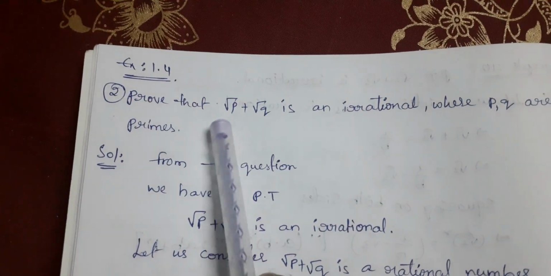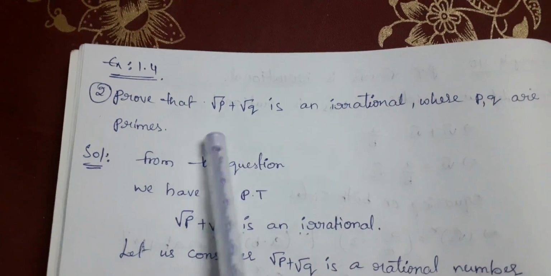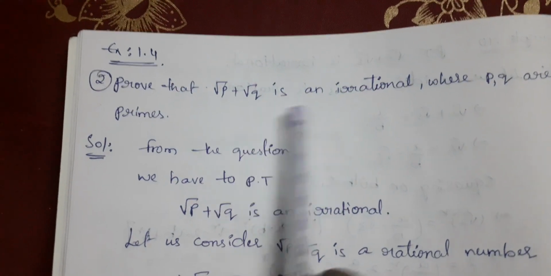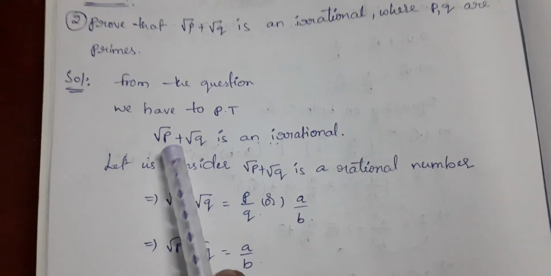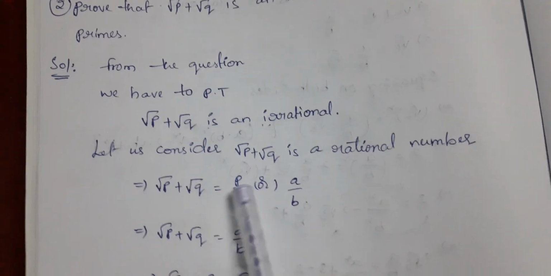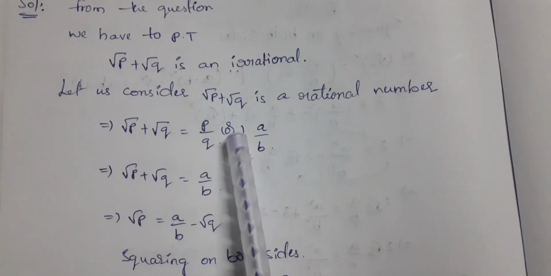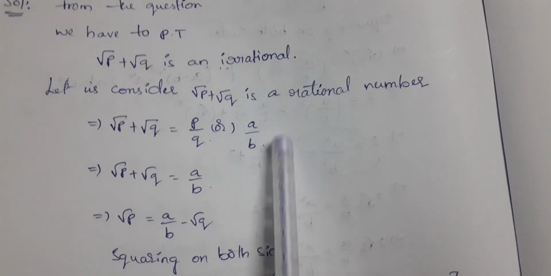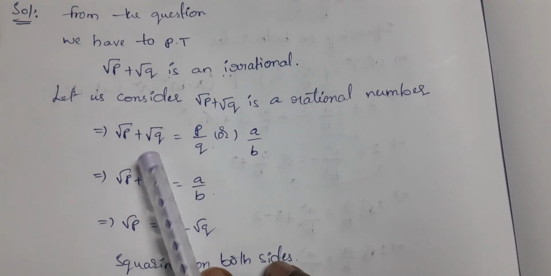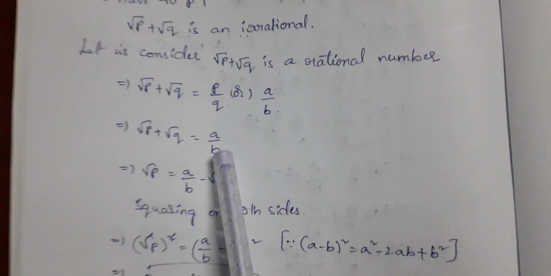And one of the important problems from exercise 1.4, question number 2, is the same as the previous example 10, but here the digits are in alphabets. Root p plus root q is irrational. The procedure is the same. From the question we have to prove that root p plus root q is irrational, but we have to consider it is a rational number, meaning either p by q or a by b, anything we can take, but here p and q are already there, so that's why I am taking a by b.